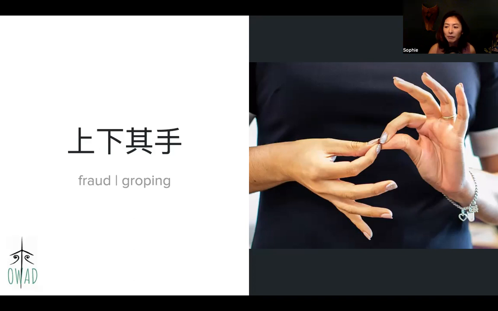To describe what's happening. So 上下其手 actually, because of this finger pointing upward, that's the original meaning, to give a signal. Then it becomes the context of a man touching a woman inappropriately on the upper body and lower body. And that's kind of corresponding to 上 and 下 as well.